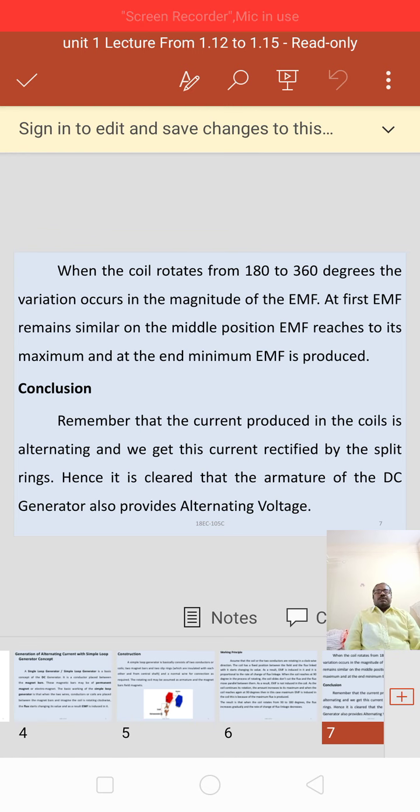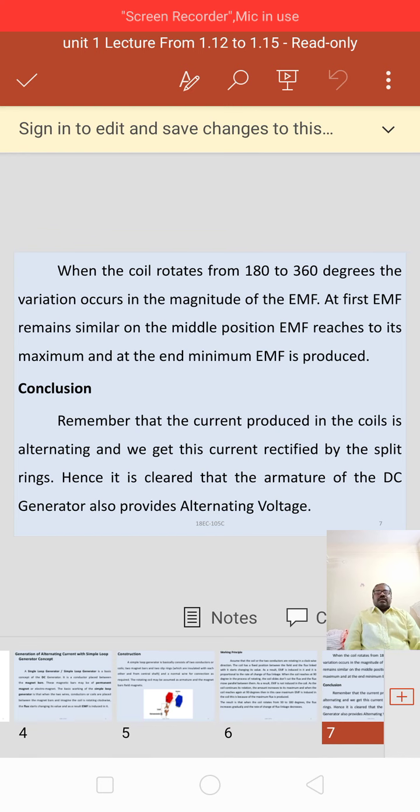In the span of 180 to 360 degrees, the magnitude of EMF changes with respect to the positions of the coil, from the starting to the middle and middle to the end. From starting to the middle it increases the value of EMF, and from middle to end it decreases to a minimum.